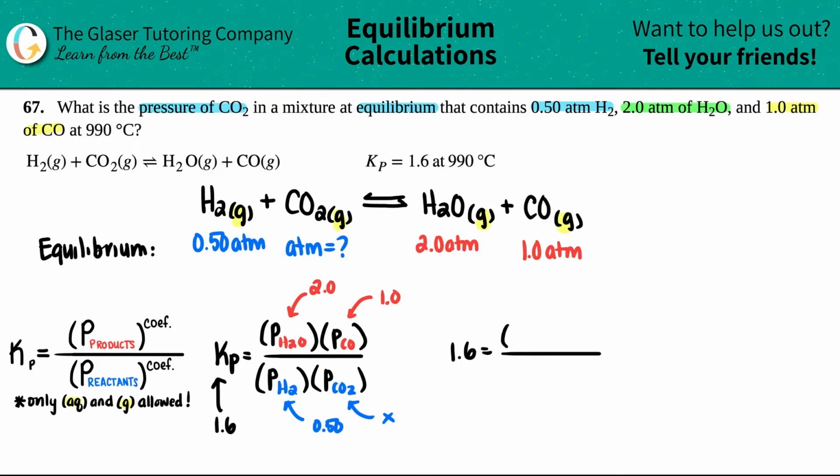Looks like we got 2.0 times the 1.0, so we know what number is going to be on the top. And then divided by the 0.5, and then times x, right? This is the x value. That's the CO2.